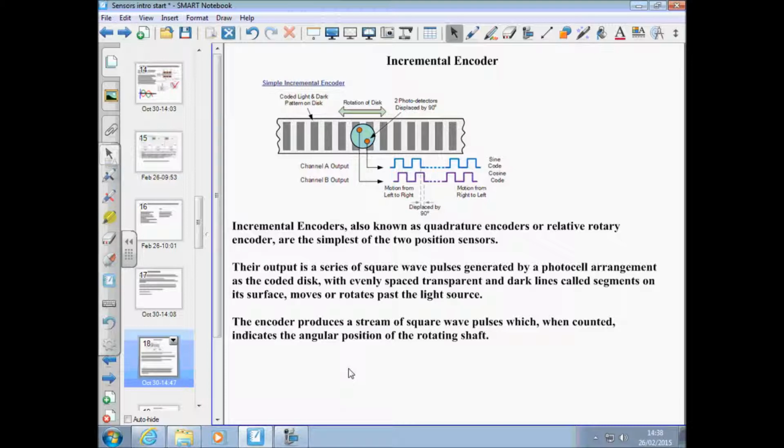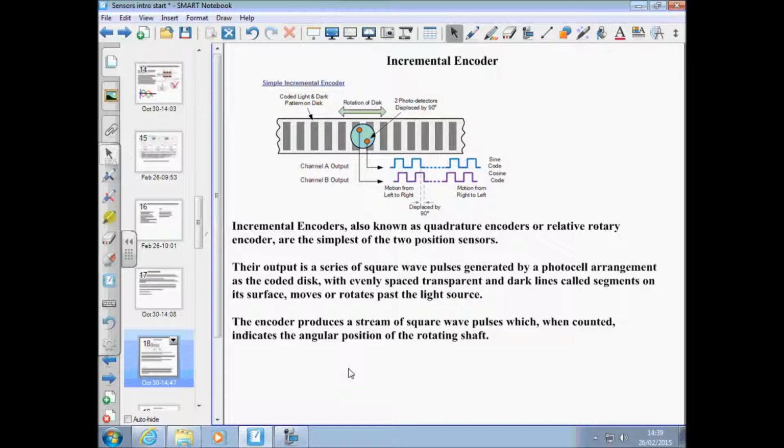If you have two sensors creating two square wave pulses, because as this chart here moves in front of those sensors, it's going to sense the holes in the disc. If you have two sensors creating these pulses 90 degrees out of phase with each other, it can then sense which direction it's going in.